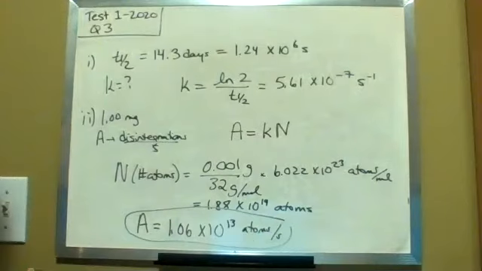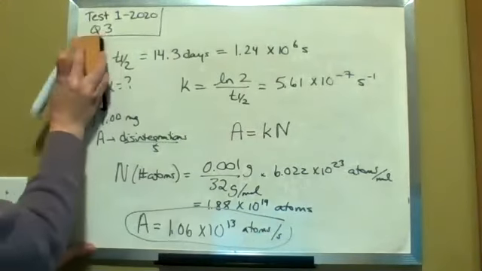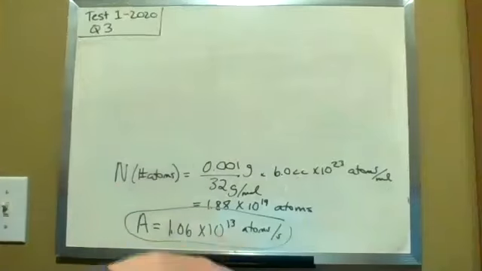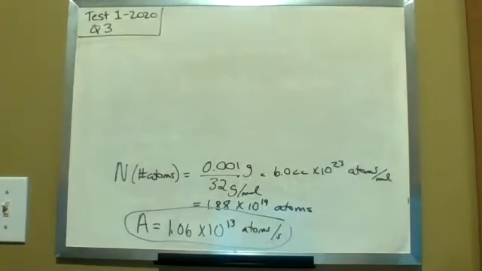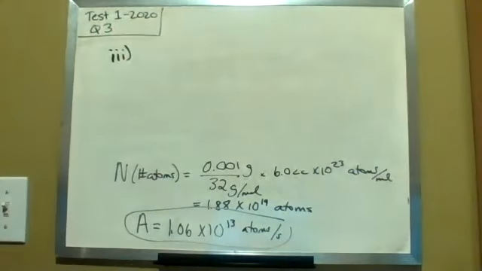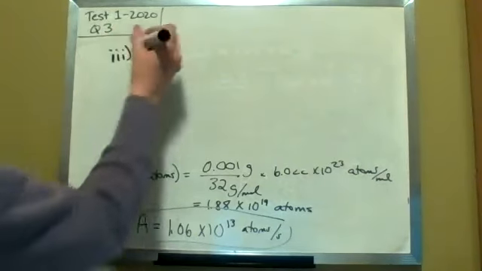Now the last part of this one, the third one, let's erase this for now. Find my marker. So in this part here, approximately what mass of our phosphorus 32 will remain in the original 1 milligram sample after 57 days?